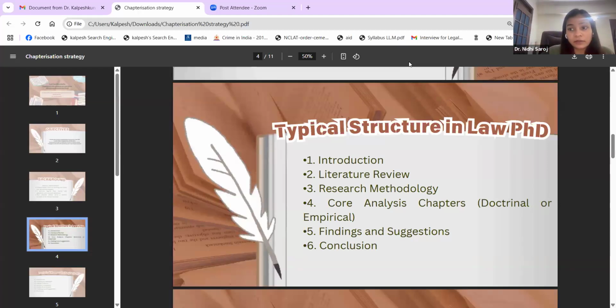However, the issue is that different universities follow different patterns. Sometimes you may see that the introduction chapter also includes the literature review and research methodology. However, I think it totally depends upon the topic. It is not necessary that you always have the literature review in the very first chapter.